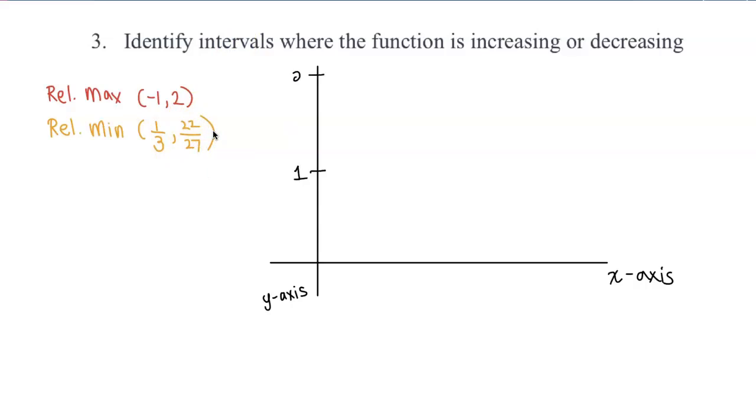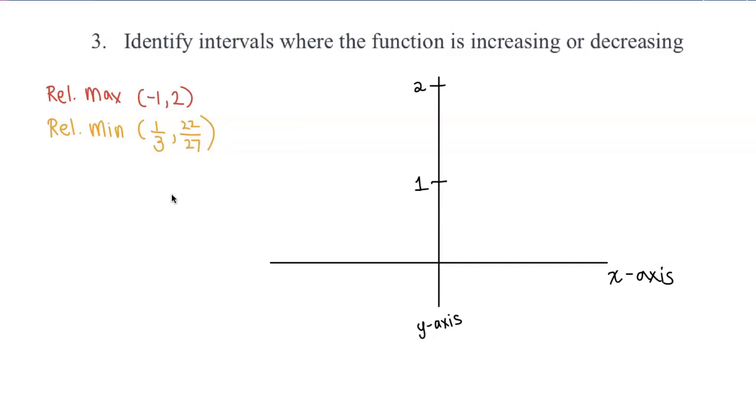I don't have to go up to 3, 4, 5, 6. That's going to be enough for me to plot everything. Let me move this a little bit. Do it like this, okay?